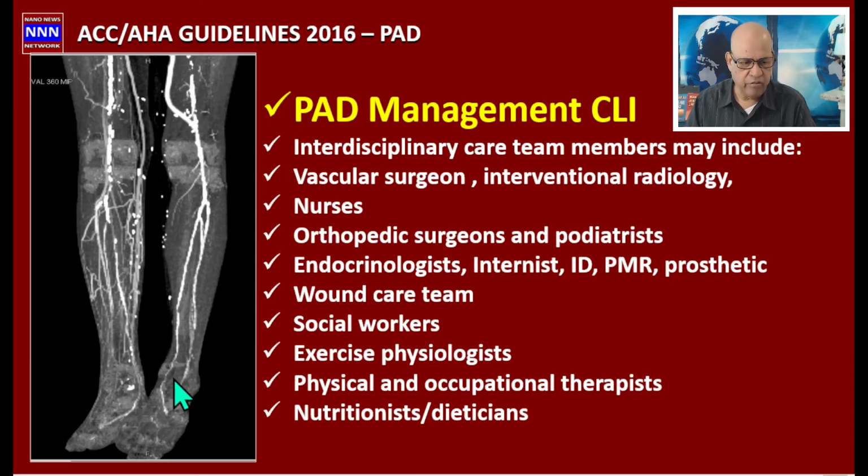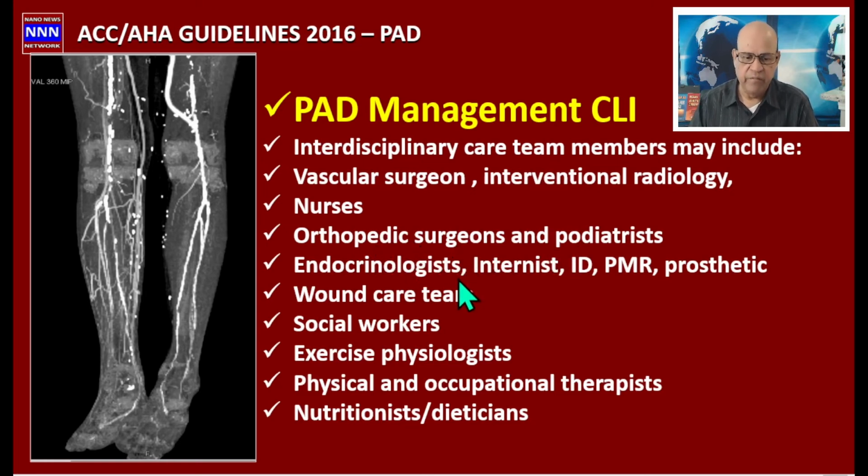Sometimes we need orthopedic surgeons if we have to do amputation or improve toenail function, because these patients are prone to infection, ulceration, and non-healing ulcerations. So the loving care of a podiatrist and orthopedic surgeons becomes essential.